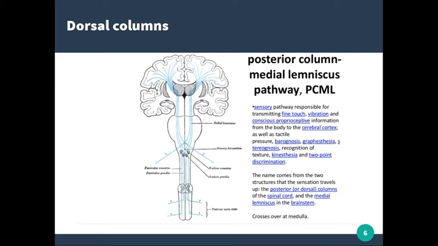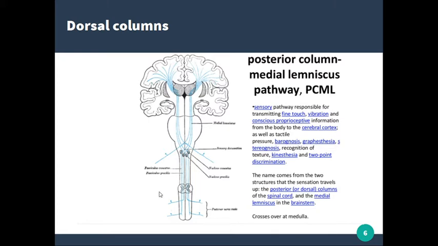Why? Because proprioception helps us identify ourselves in space. So, with the loss of proprioception, you're going to get problems such as ataxia or instability. These can be caused, for example, by deficiencies of vitamin B12, or trauma or damage to the dorsal columns.